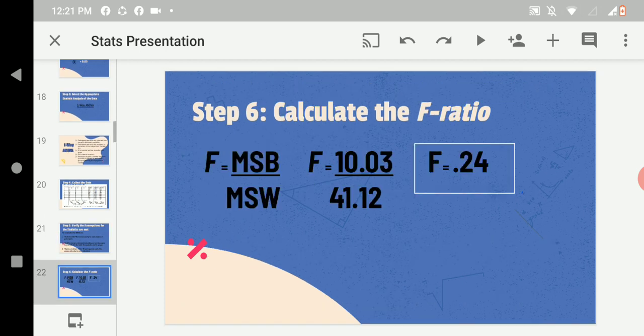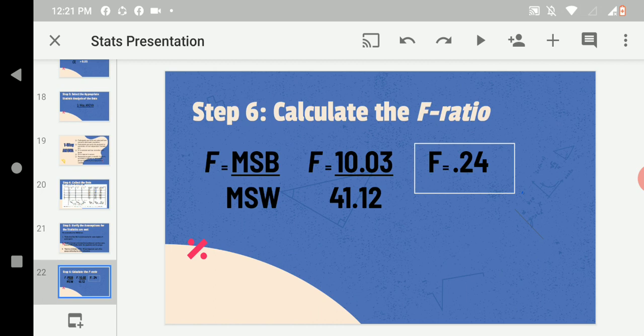Okay. Next, step 6, calculate the F ratio. A while ago, we saw in the table that there is an F ratio, and we did not calculate it in the first part. So here is the formula on how we calculate the F ratio.